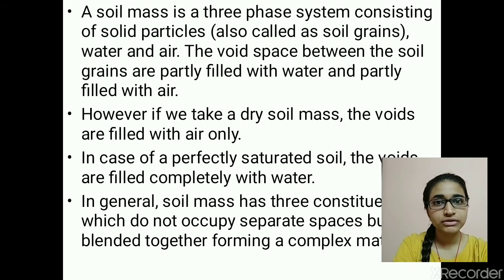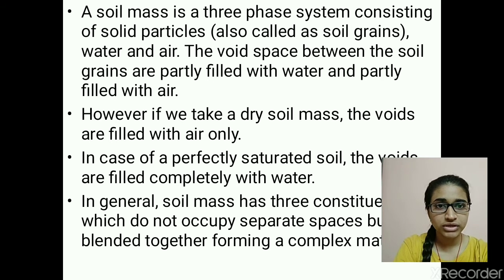Now in case of a perfectly saturated sample, all the voids are completely filled with water, and if we take an example of a fully dry soil, then the voids are completely filled with air only.